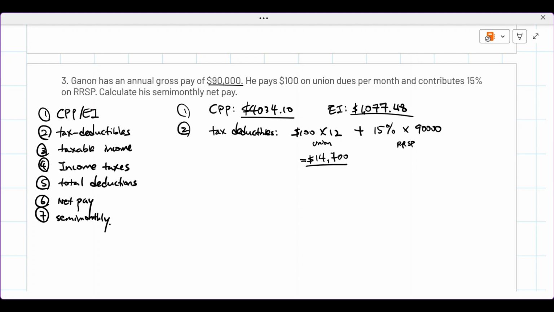With my tax deductibles, I can find the taxable income. The taxable income is going to be the gross minus tax deductibles.